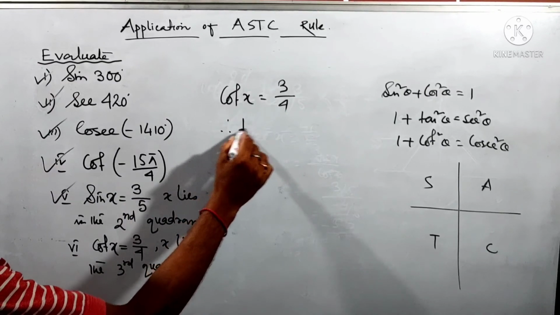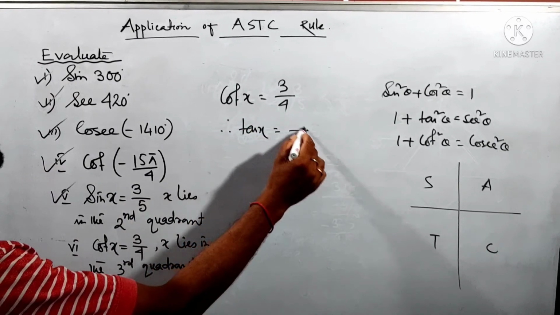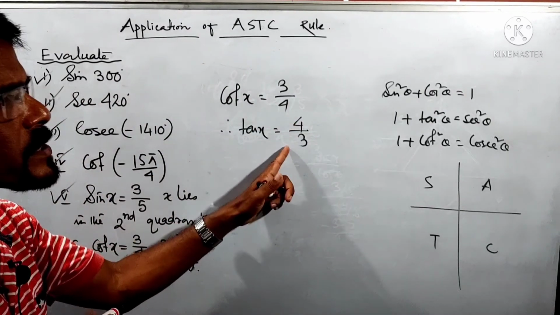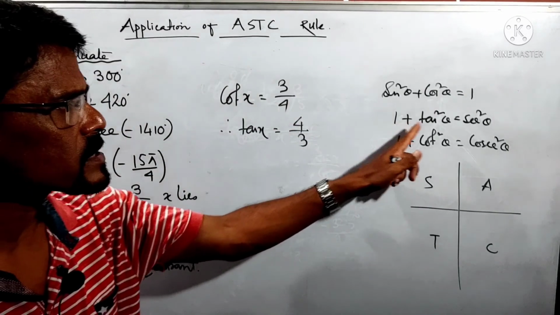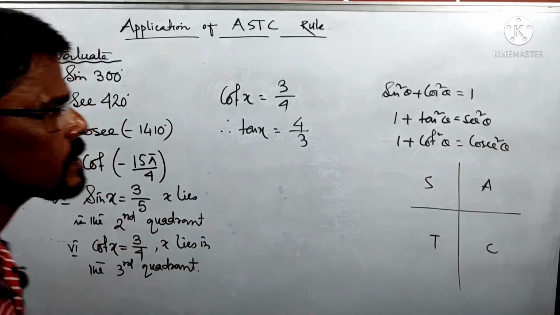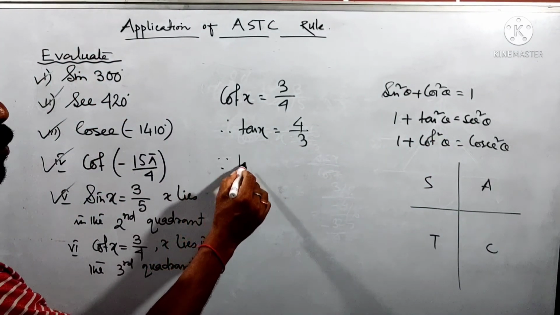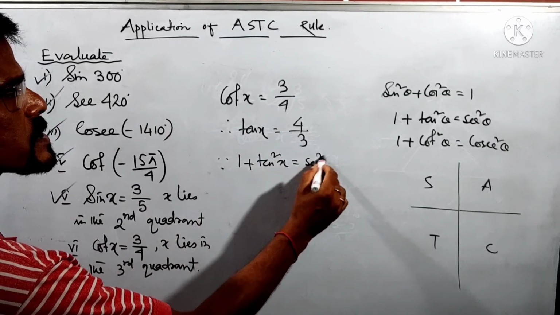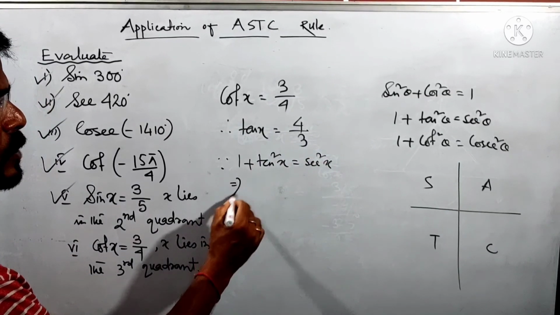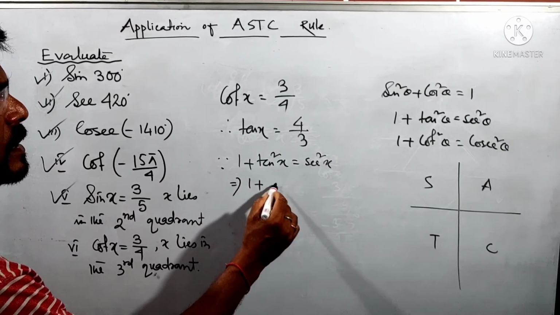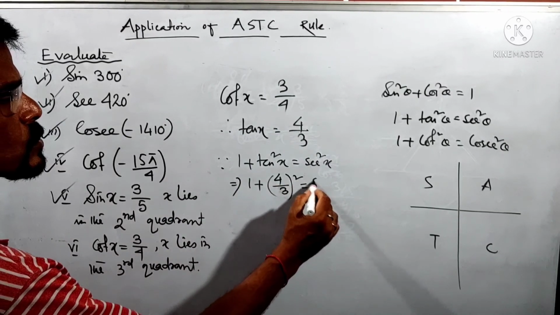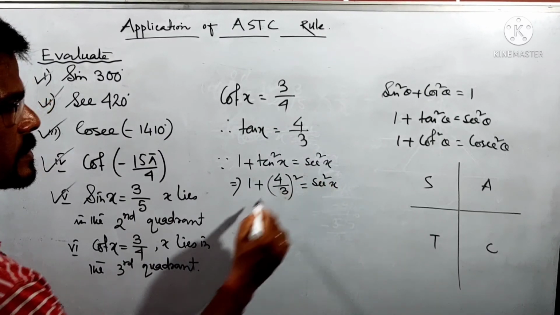Therefore, we can write directly tan x equal to 4 by 3. Now, tan x is known, 4 by 3. One relation, 1 plus tan square theta equal to sec square theta. That's why I can write, since 1 plus tan square x equal to sec square x, putting the value of tan x, 1 plus 4 by 3 whole square equal to sec square x.